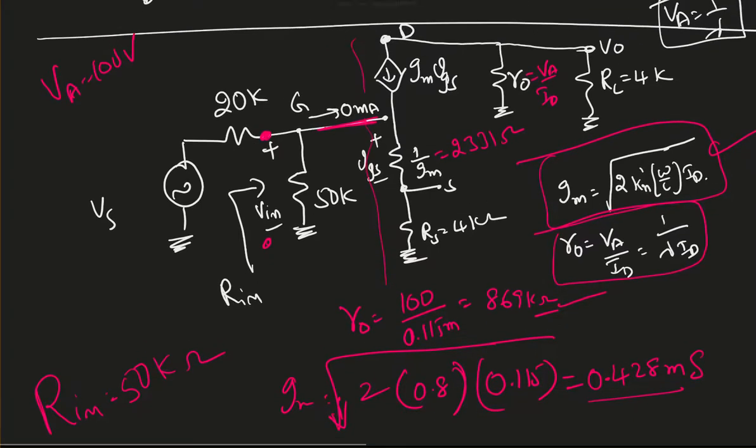My output resistance, similarly, when we look at the output resistance right there, whatever current is passing through this must be gm times VGS. Since there is a dependent source, I should connect a test current.